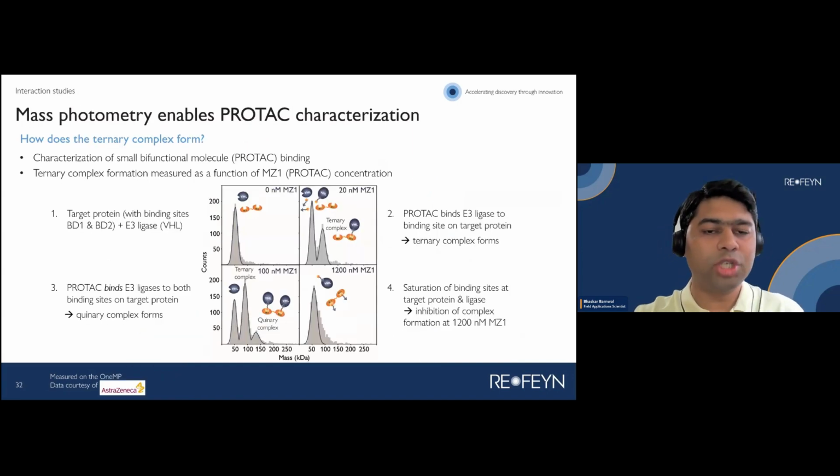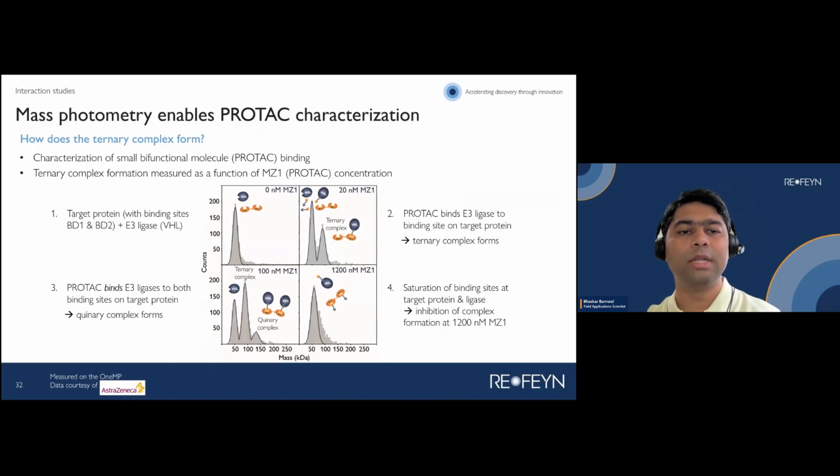So as I mentioned before, this mass photometry is specific. It has a range from 30 kilodalton to 5 megadalton. So we cannot study the small molecules directly. But in this particular case, AstraZeneca has studied this, and PROTAC is a small molecule, bifunctional molecule, which cannot be directly studied since it is around 1 kilodalton in size.